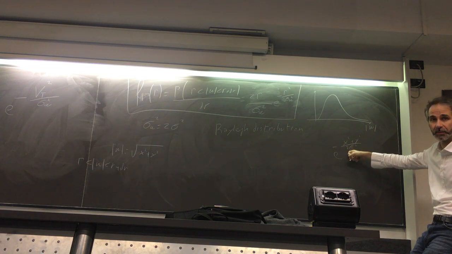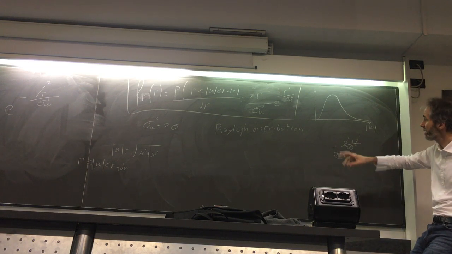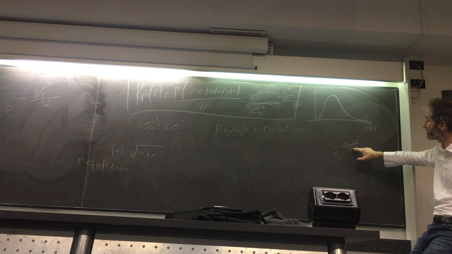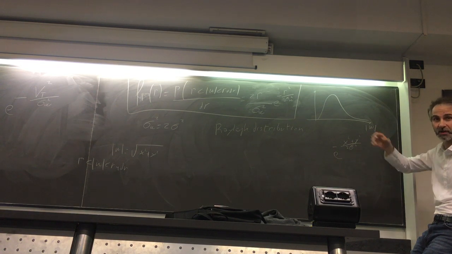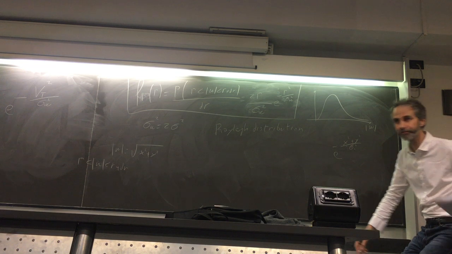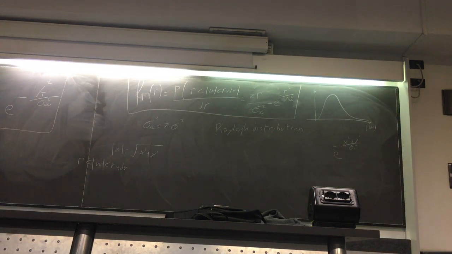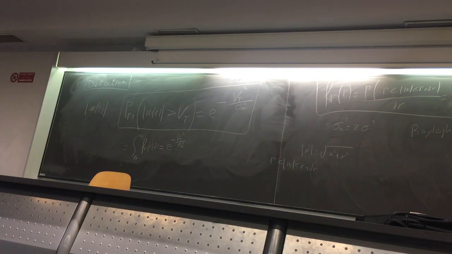There is a 2 here, where this sigma squared is the variance of the real part of the noise. If you want to write this as a function of the total variance, then this is what you get. So you now have a mathematical expression for the probability of false alarm.